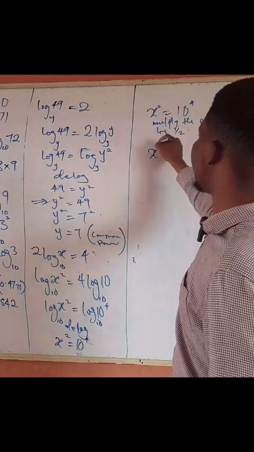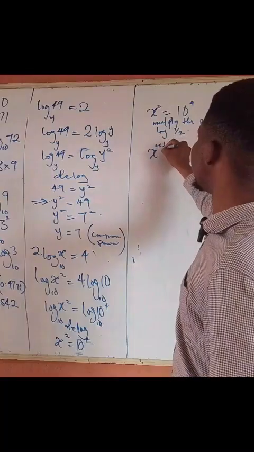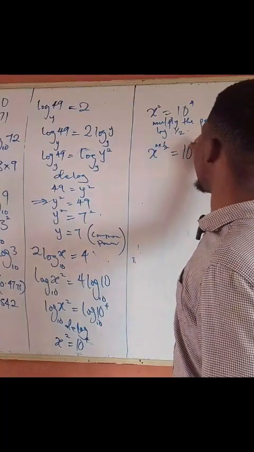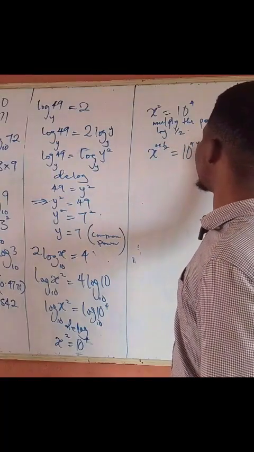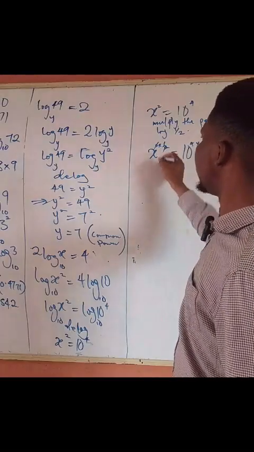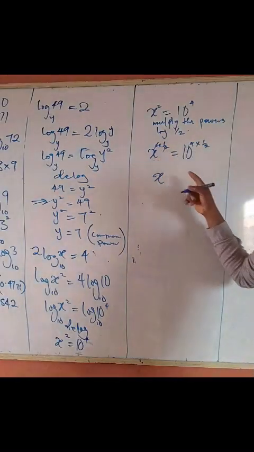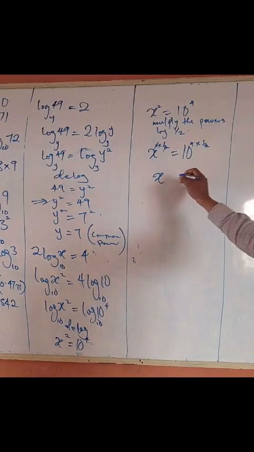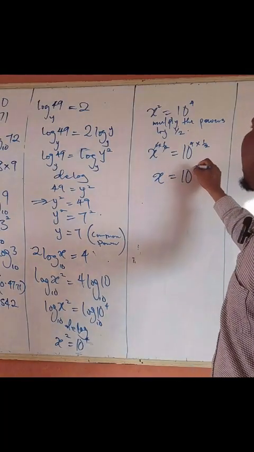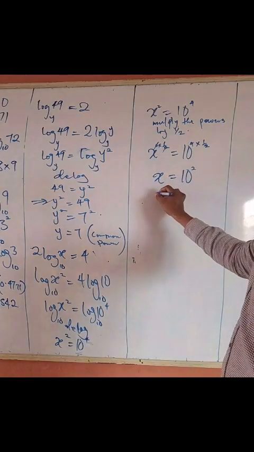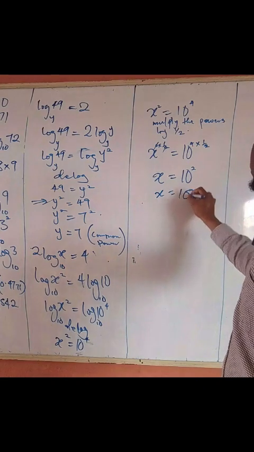So what do you have? x raised to the power 2 times 1 over 2, and 10 raised to the power 4 times 1 over 2. That 2 will cancel this 2, that's why I multiply it. So what do you have now? 10 raised to the power 2, and x is 100.